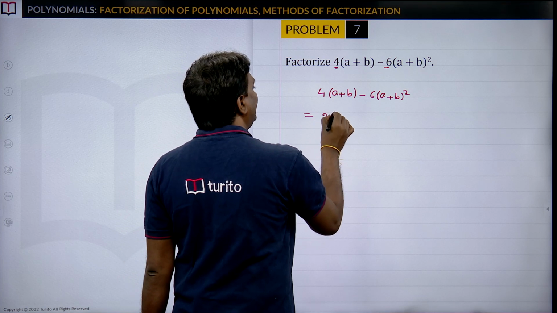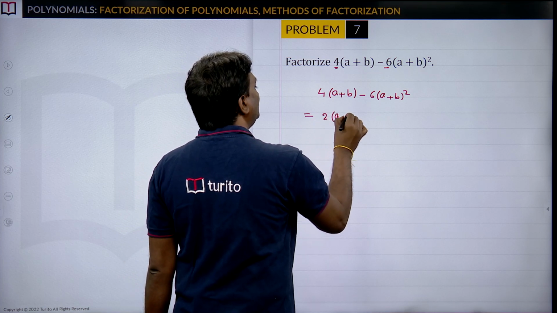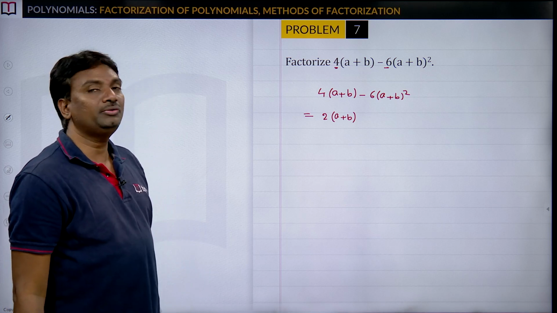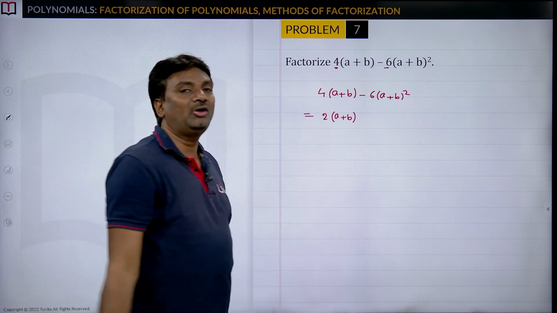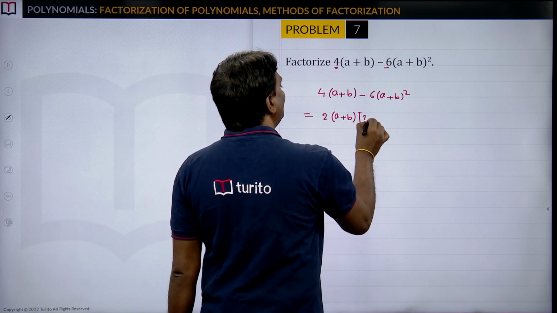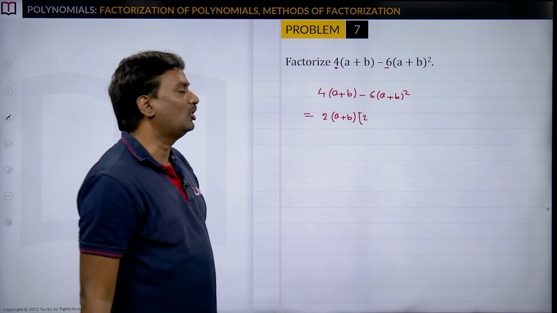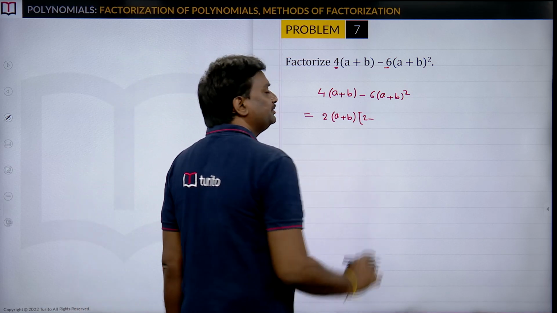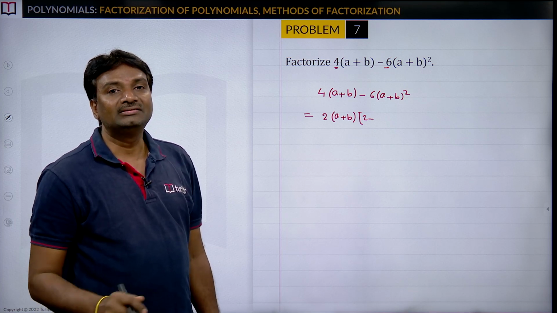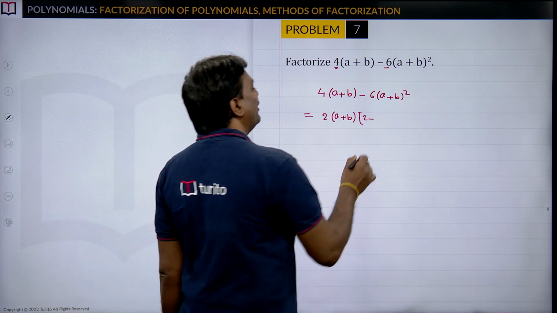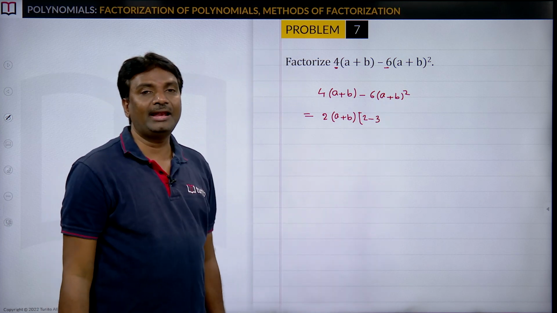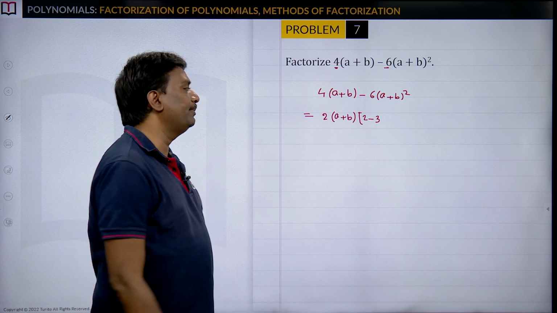That is why, by taking 2 into (a+b) as common: from 4 we have taken 2 as common, the remaining part is 2. Minus 6 can be written as 2 into 3. Since we have taken 2 as common, the remaining part is 3. (a+b) whole square is (a+b) into (a+b).